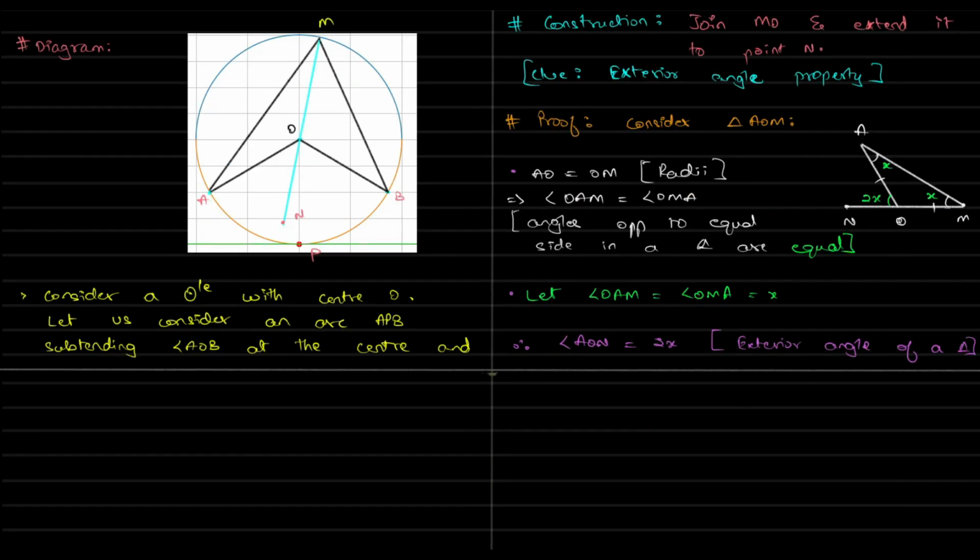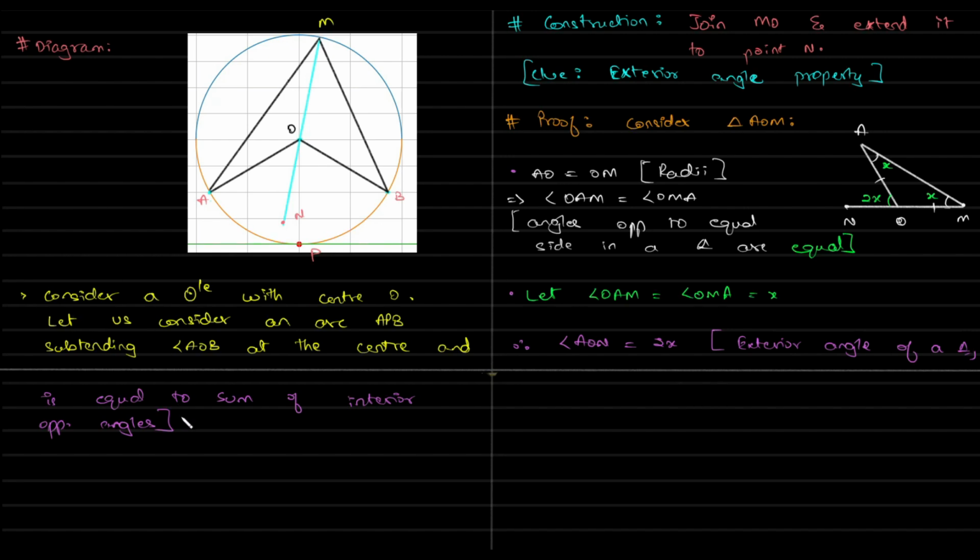Right? So exterior angle of a triangle, we'll write the entire thing just for the sake of clarity, is equal to the sum of interior opposite angles. Right? So with this we can tell that it's equal to 2x.